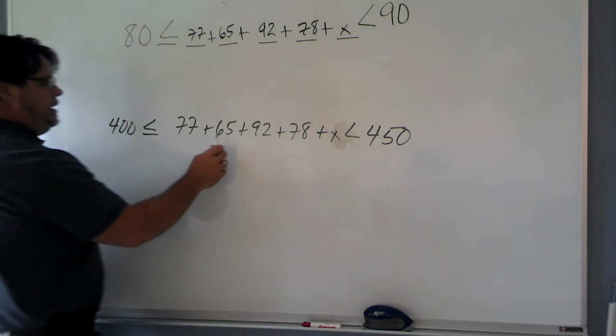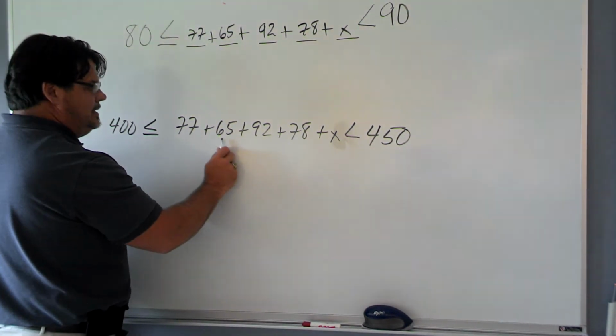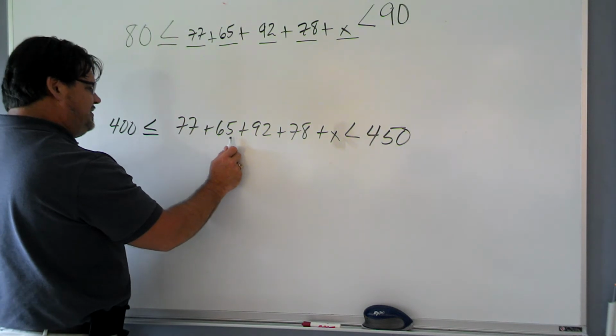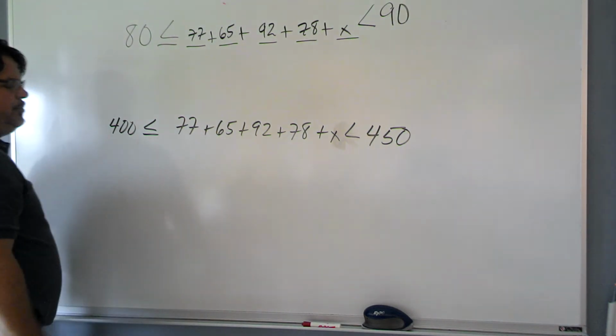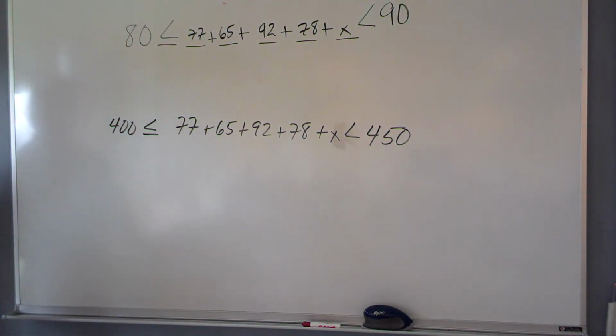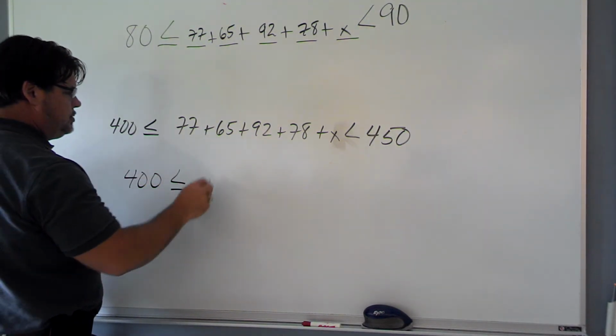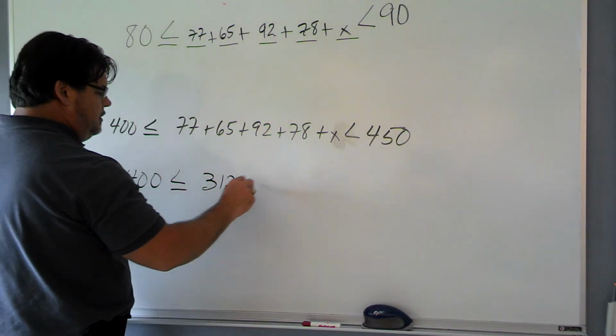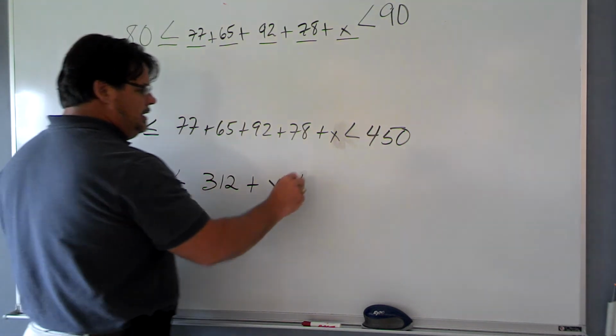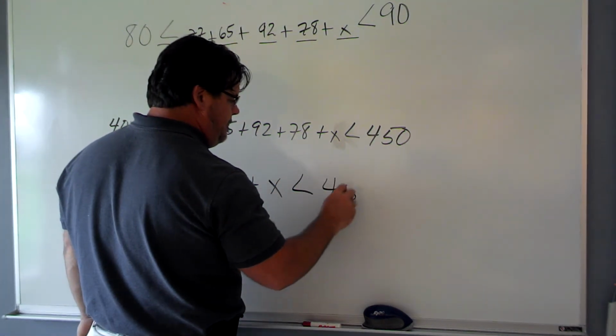And 240 plus 60 is 300, and 7 and 5 would be 312. Okay, so we have 400 less than or equal to 312 plus X less than or equal to 450.